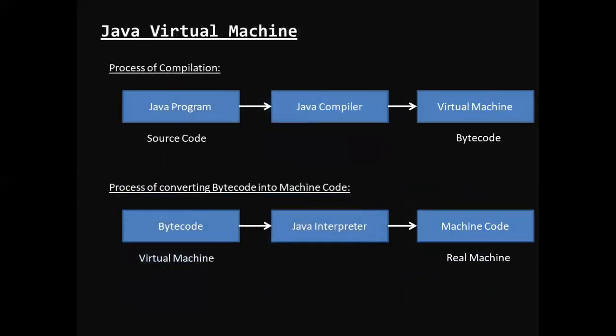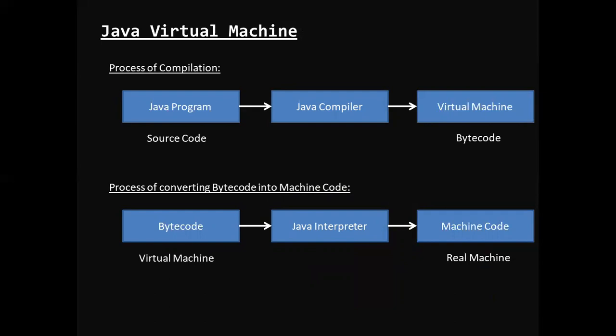Java Virtual Machine. All language compilers translate source code into machine code for a specific computer. The Java compiler also does the same thing. Then, how does Java achieve architecture neutrality? The answer is that the Java compiler produces an intermediate code known as bytecode for a machine that does not exist. This machine is called the Java Virtual Machine and it exists only inside the computer memory.